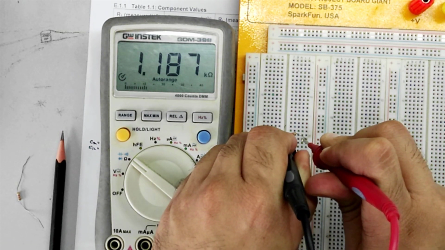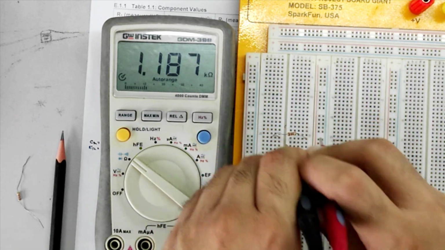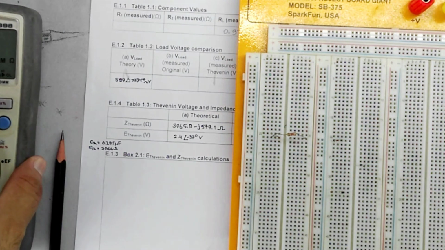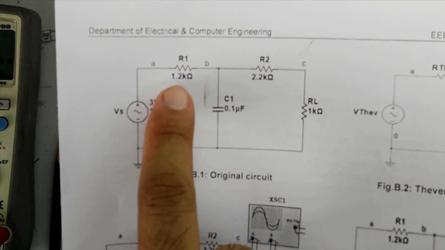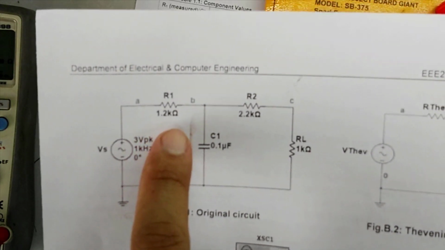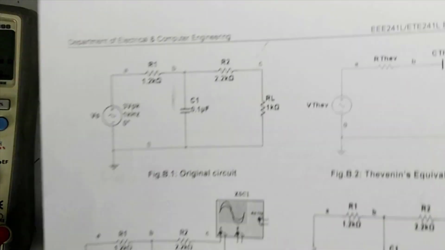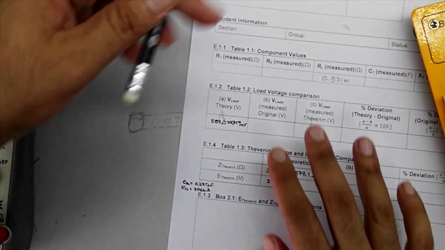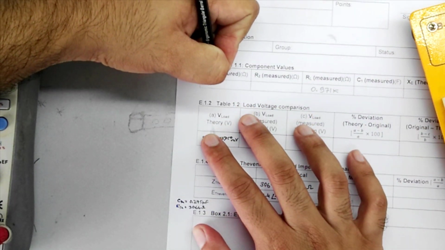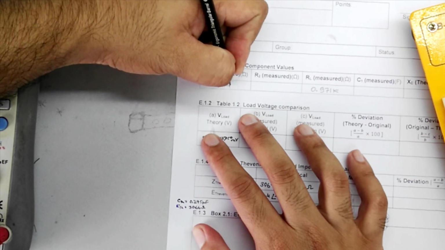We see that this is 1.187 kilo ohm. This is the practical value of resistance R1, which was 1.2 kilo ohm according to the circuit.